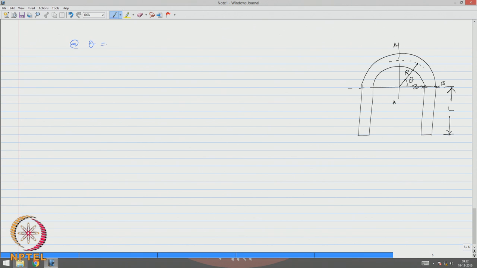So, at theta equals 0, bending moment at BB will be given by M0, which is simply P r square by 2 pi by 2 L plus pi r.